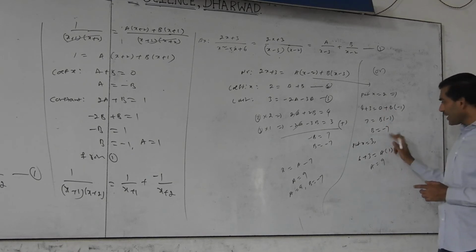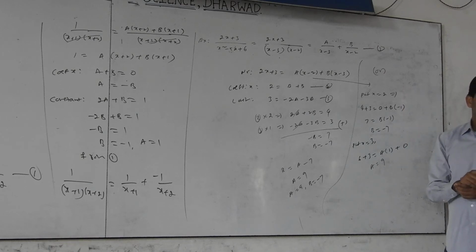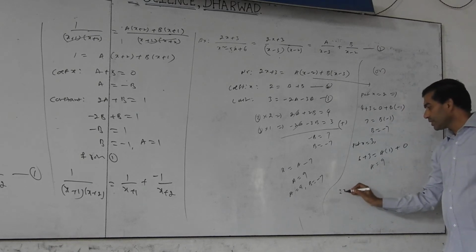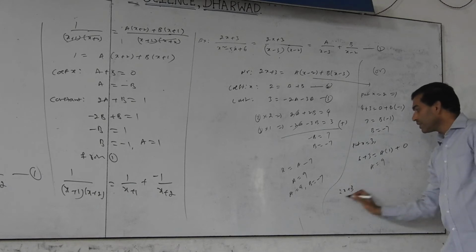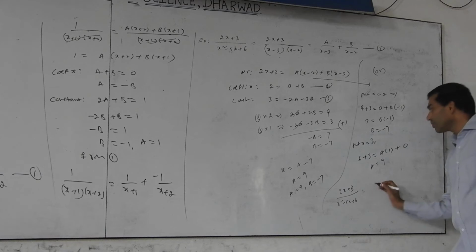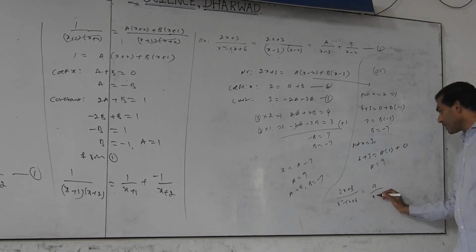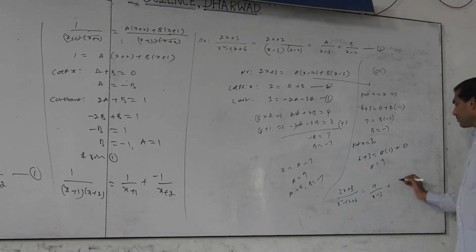After getting A and B, we substitute them, and those are called partial fractions. (2x + 3)/(x² - 5x + 6) = 9/(x - 3) - 7/(x - 2).